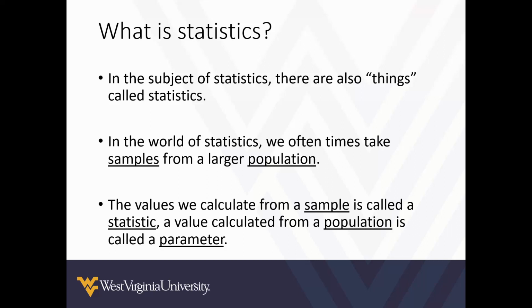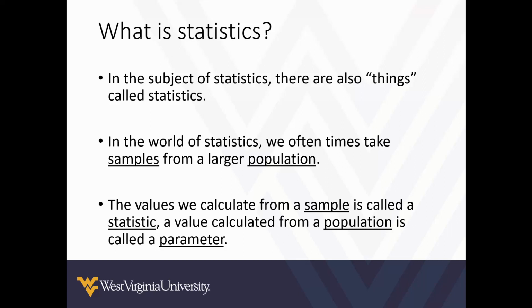In our world, we often take samples from a larger population. The values we calculate from our sample are called a statistic. A value calculated from a population is called a parameter.